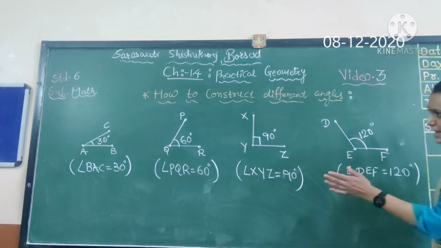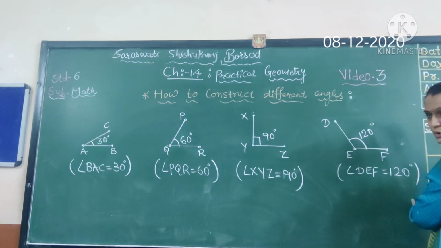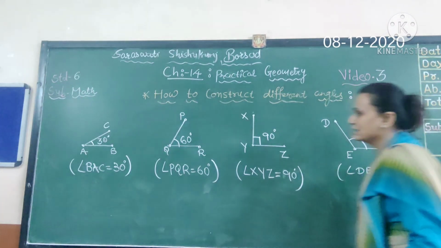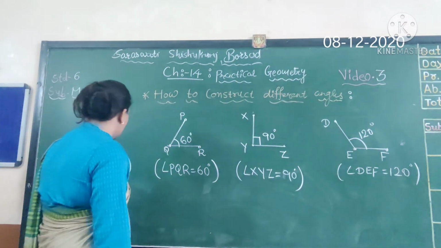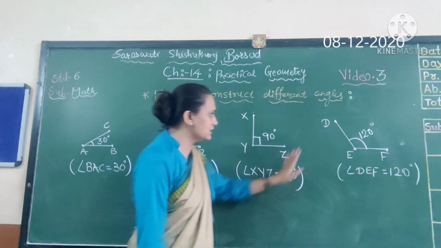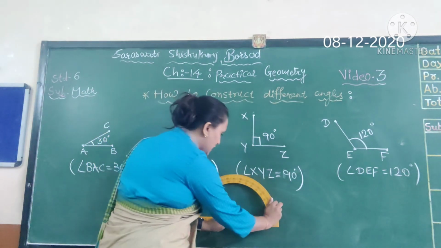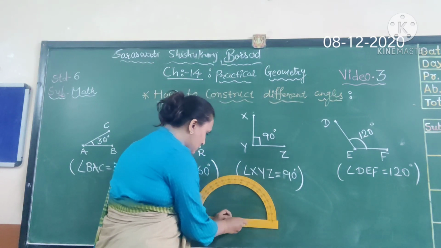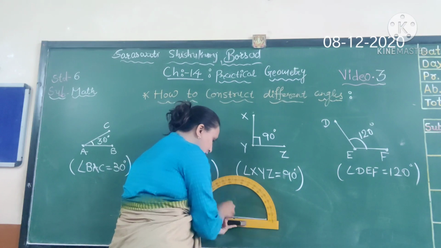Clear? So we have constructed all the angles from the right hand side. Okay? So these are the basic angles: 30 degree, 60 degree, 90 degree and 120 degree. If you want to plot a straight line angle, this is your straight line angle, 0 to 180.